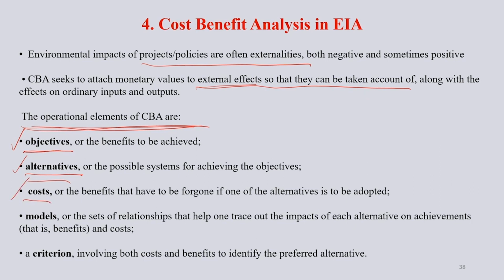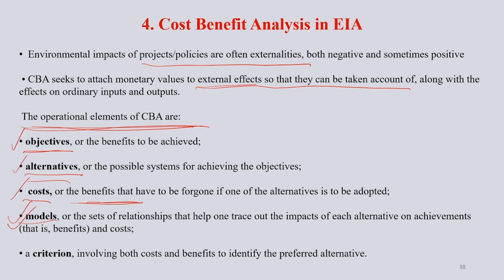So, here you actually get the decision that you take or the alternative that you choose. If you need to incur some costs for that, that also will be understood through these analysis models, or sets of relationships, that will help you to trace out the impacts of each alternative on your achievements or cost.